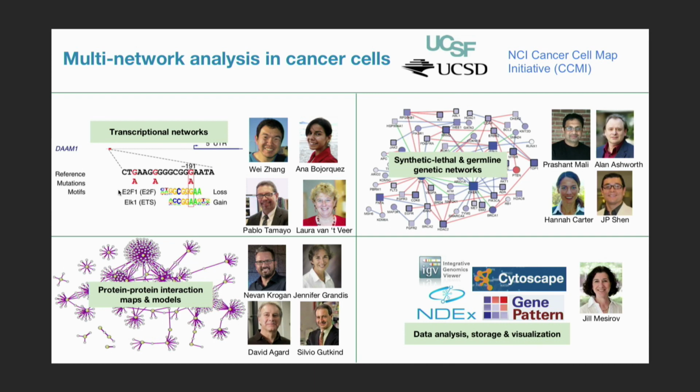And then, of course, there's computational infrastructure the center has to support to do all of this, both hardware and software. Some of the faces of the professors and staff involved in the center are shown here. Nevan Krogan is my co-director. He's up at UC San Francisco, and he's an expert in protein-protein physical interaction mapping using mass spectrometry.